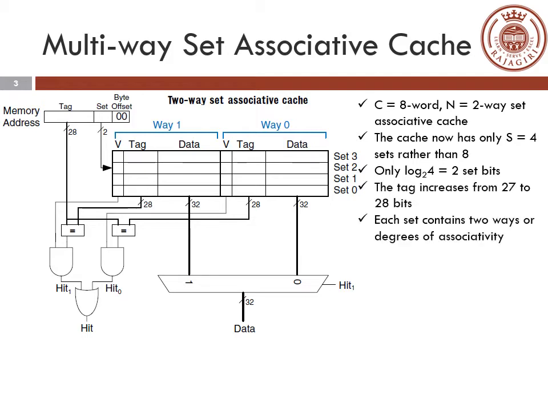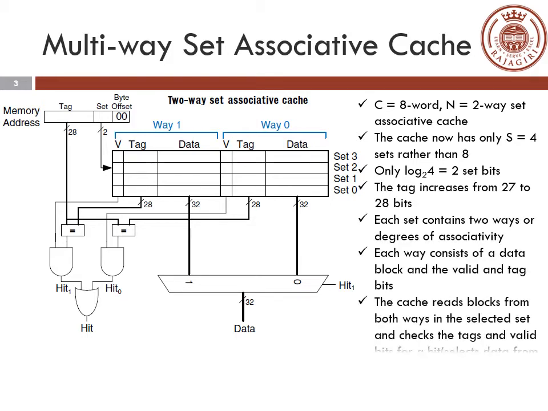Now we will see this in detail with the help of a diagram. This is a multi-way set associative cache, another name for n-way set associative. In this example we are taking n as 2. C, the capacity of the cache, is 8 words, so the maximum you can have is 8 words in your cache.